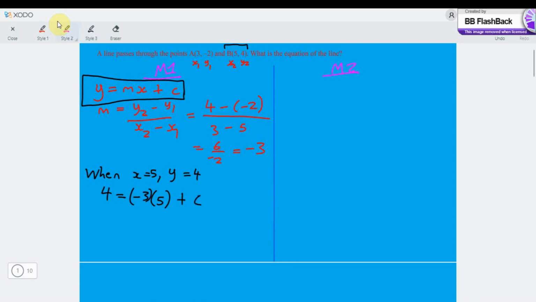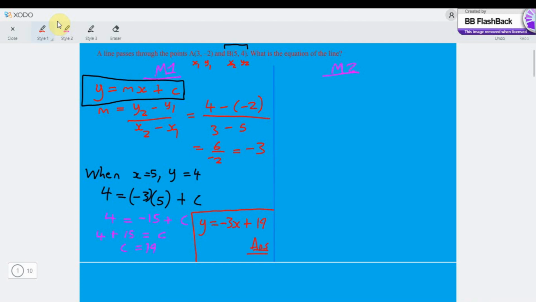We can use that to find c because 4 is -15 plus c. Bring it over, so 4 plus 15 equals c, so c equals 19. So the equation of the line is y equals -3x plus 19. This is the answer.